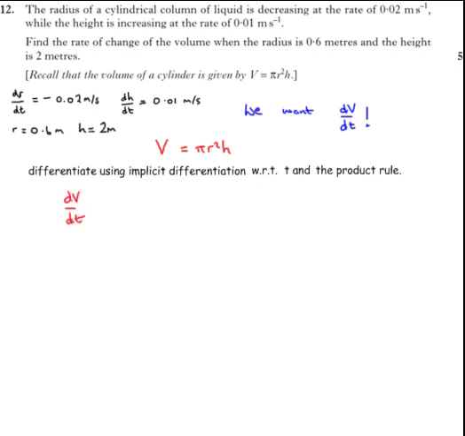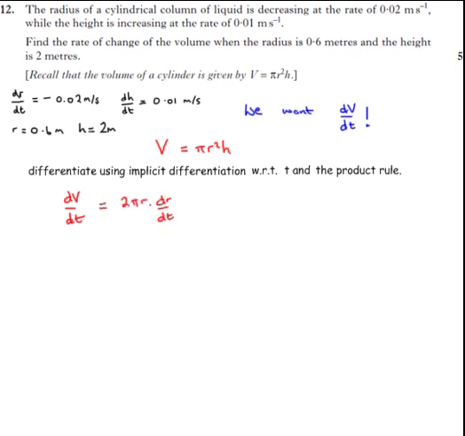So dv by dt will be equal to, using the product rule, this is our first function, pi r squared, and the h is our second function. Start off by differentiating pi r squared with respect to t. That will be 2 times pi times r times dr by dt. We multiply this by the second function, the h, left as it is.